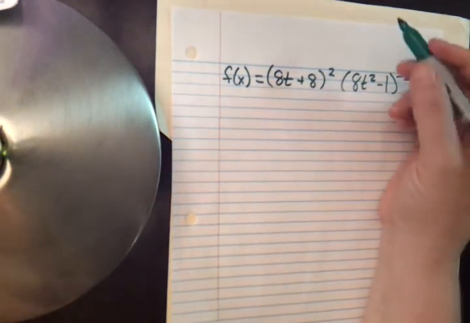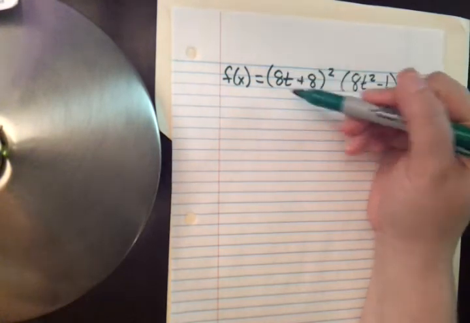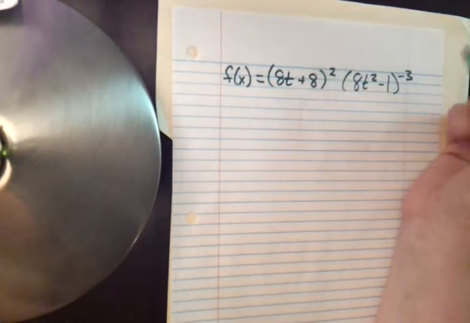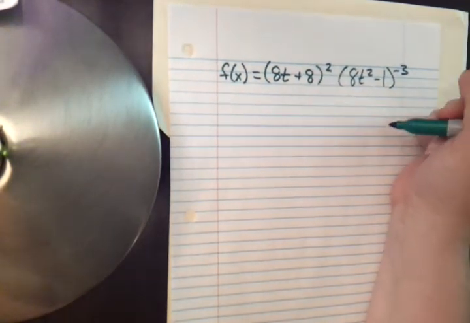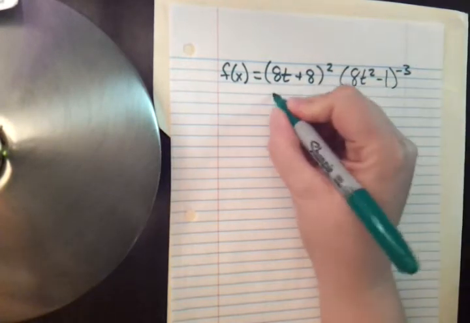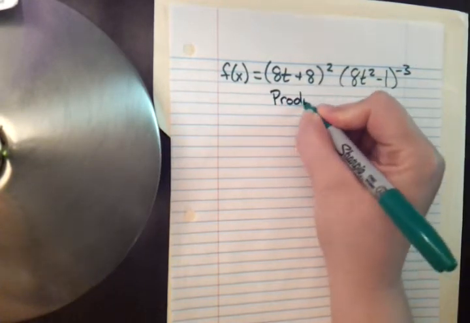Okay, so what I have here, I can see I'm going to need the chain rule, but I only need the chain rule when I have to take derivatives. What I need more importantly right now is the product rule.